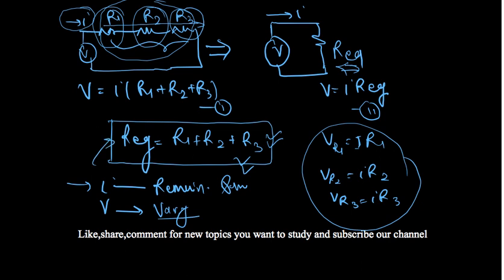Okay, so this was about the series circuit. Now come to the parallel circuit. In a parallel circuit, what is happening? All the resistances will be connected in parallel. Let this be R1, this be R2, this be R3. All three resistances are connected in parallel with the voltage source, correct?